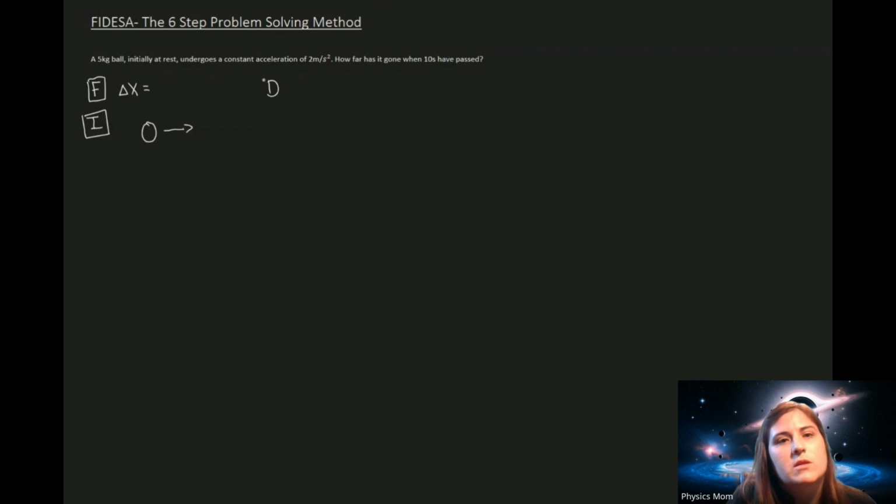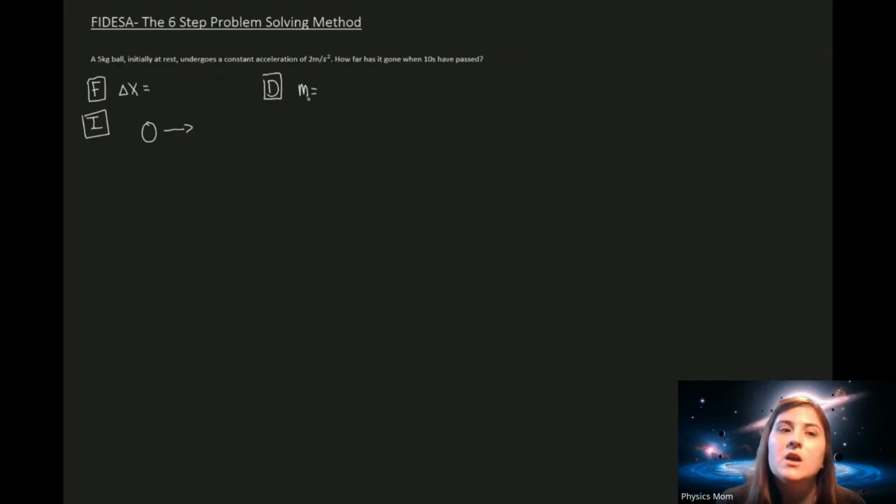D, the third letter in our acronym for FIDESA, is called data. And this is a restatement of all the numbers or values I'm explicitly given, as well as the ones I'm implicitly given. I'll explain that in a second here. The explicit numbers, I see 5 kilograms, I see 2 meters per second squared, and I see 10 seconds. 5 kilograms is the mass of the ball. We represent that with the letter m.